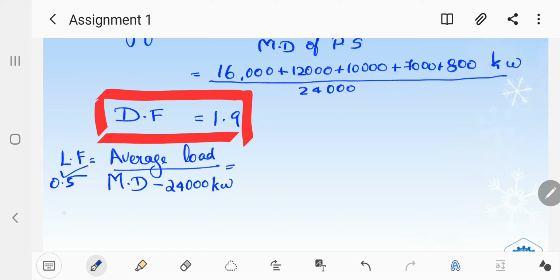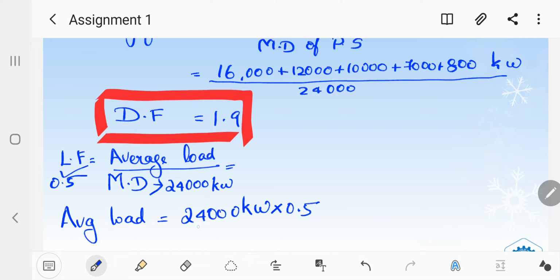From this you can easily find out the average load. The average load will be the multiplication of these two, that means 24,000 kilowatt multiplied with 0.5, and your answer will be 12,000 kilowatt.